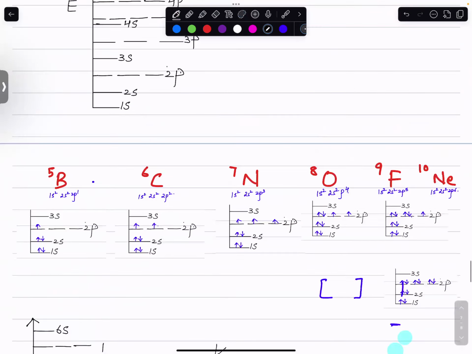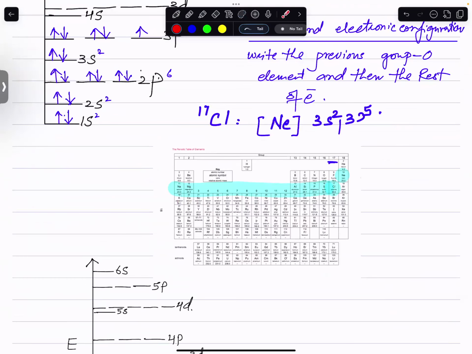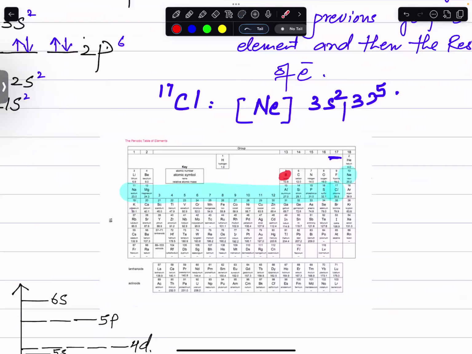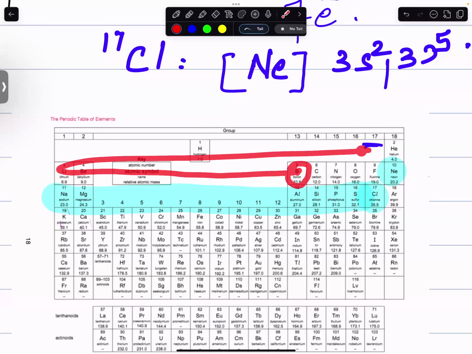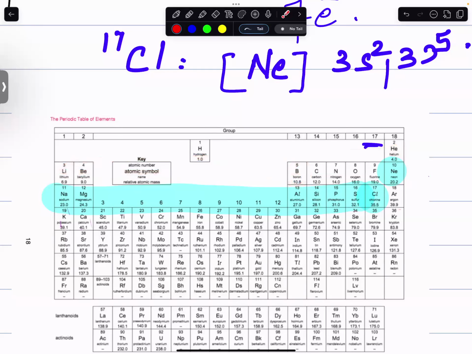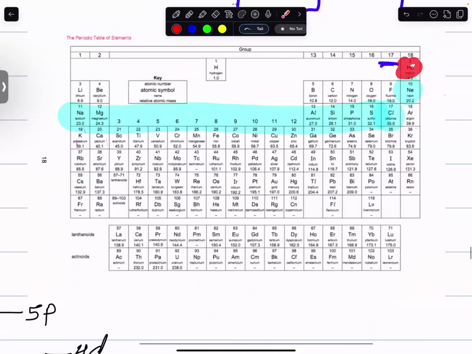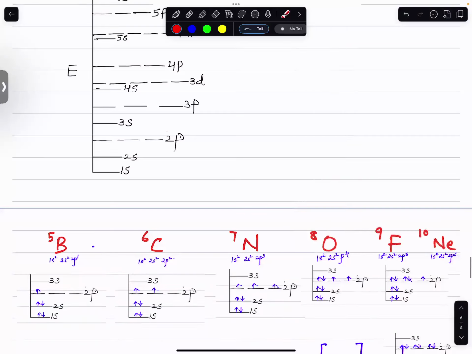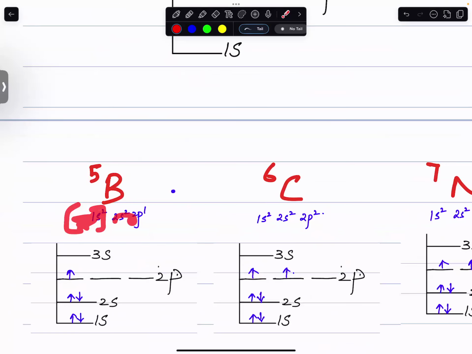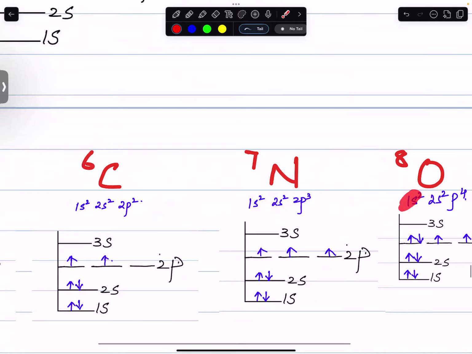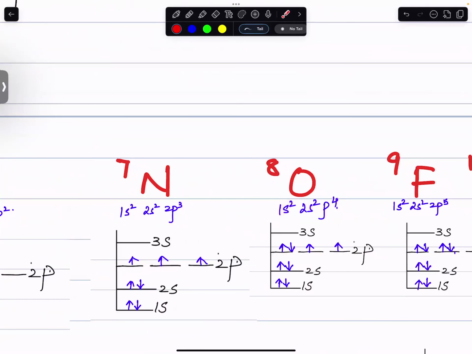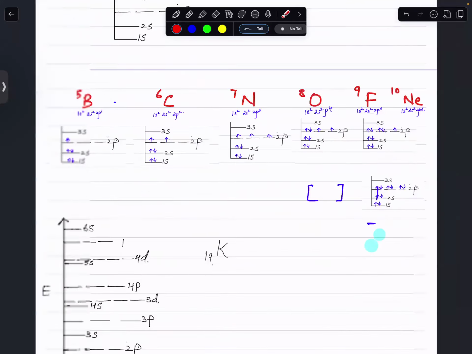One thing: if I want to write the shorthand for boron, the previous group 0 is helium, 1s2. So instead of this 1s2, what we will write? Helium 2s2 2p1, helium 2s2 2p2, helium 2s2 2p3, helium 2s2 2p4. Do you get it? Helium 2s2 2p5.